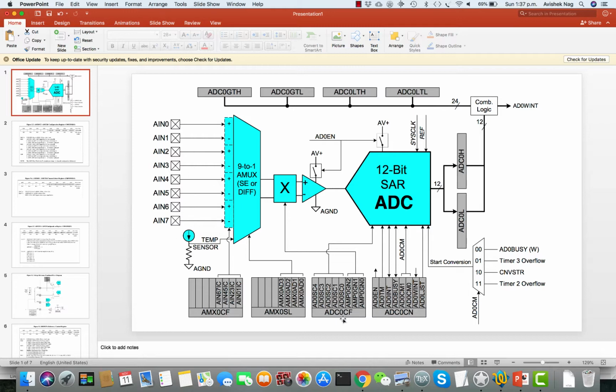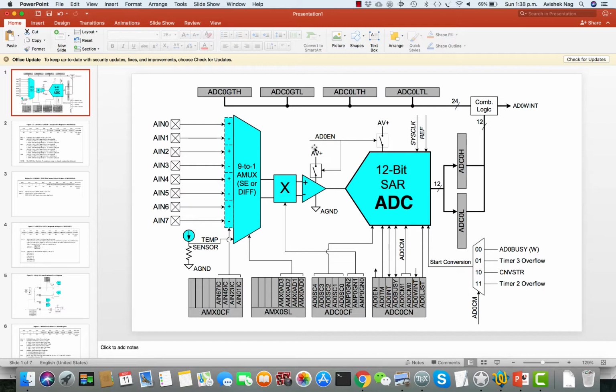And then this one gives you the clock rate as well as the gain of the amplifier. And these 2 bits of the special function register, ADC0CM0 and ADC0CM1, select the start conversion mode. We focus on only 00 for these 2 fields because we will be working with only this input 00, and we have to set ADC0BZ equal to 1 to start the conversion.